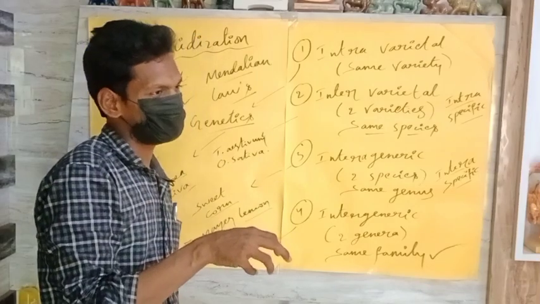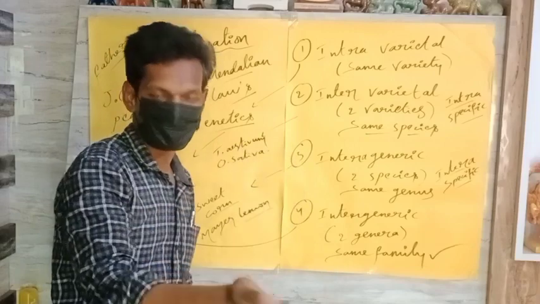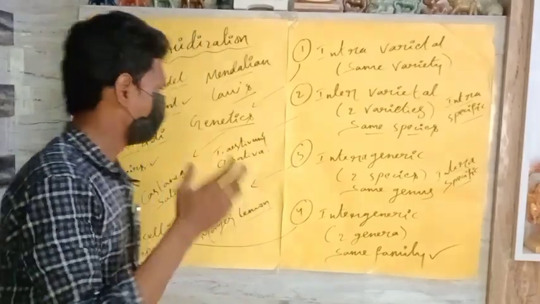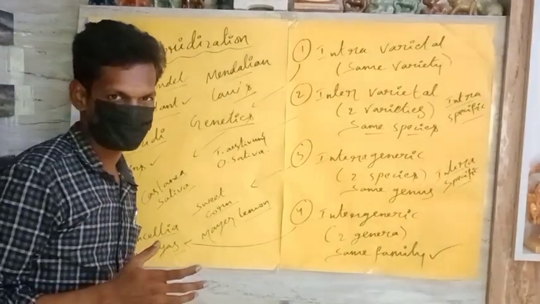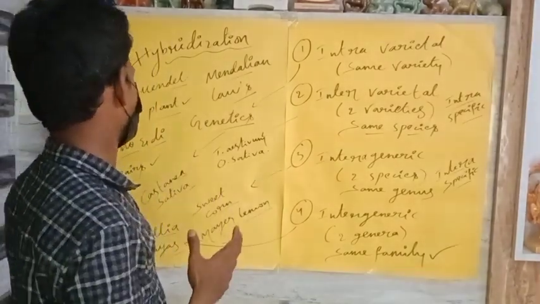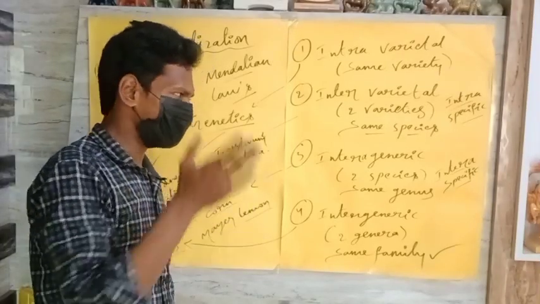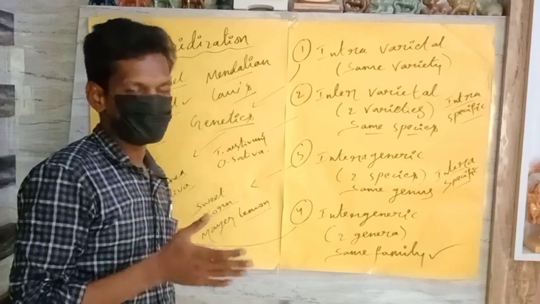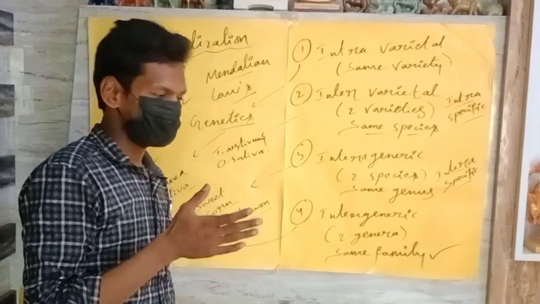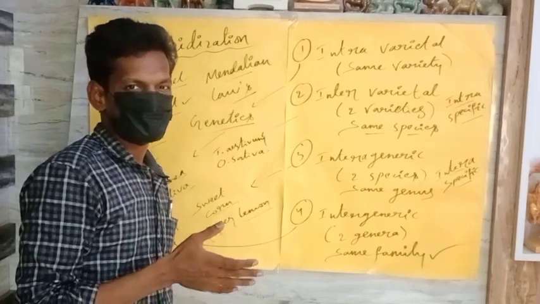Then in the ovary of the fruit, again we get seeds, and those seeds are used for further experiments. Here the pea plant was used for the experiment. The 2 species may belong to the same genus, or the same family, or the same order, or the same class, or the same division, etc.